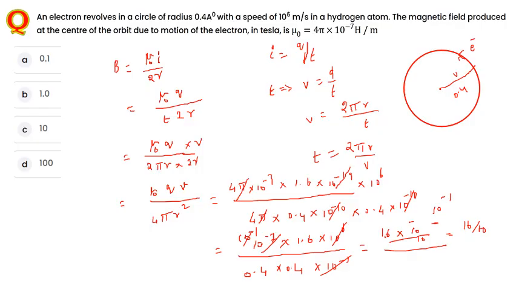In the denominator, 0.4 into 0.4 into 100 divided by 100, so you can easily cancel this. From this you have 4 into 4, 4 into 4 divided by 100. So 16 will be cancelled here, and the numerator and denominator swap. So B is equal to 10 Tesla.